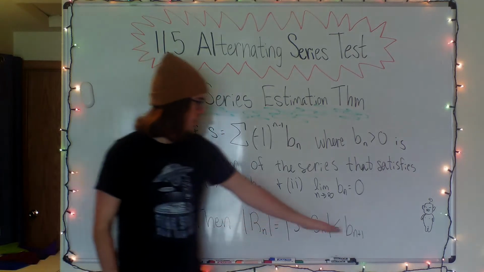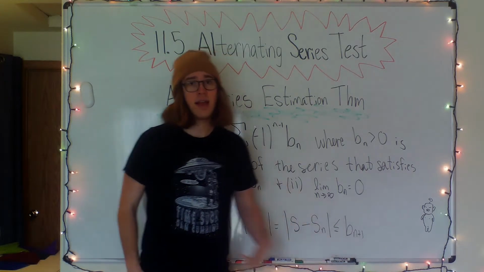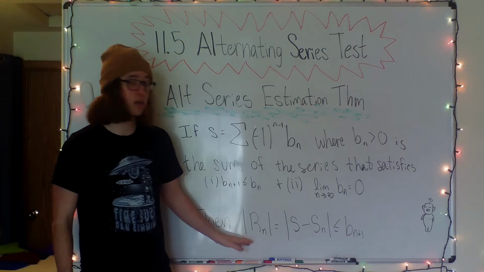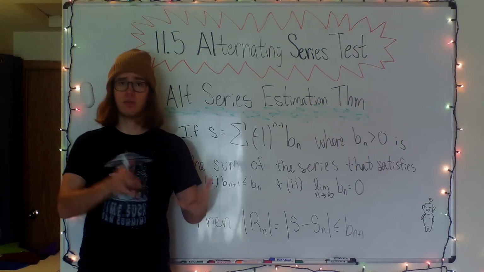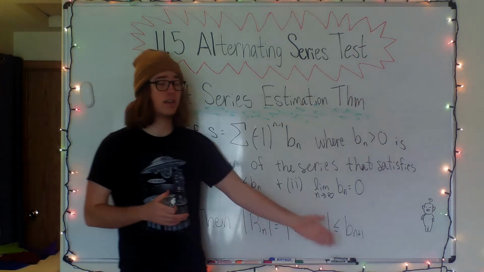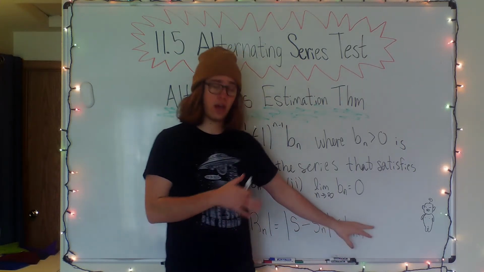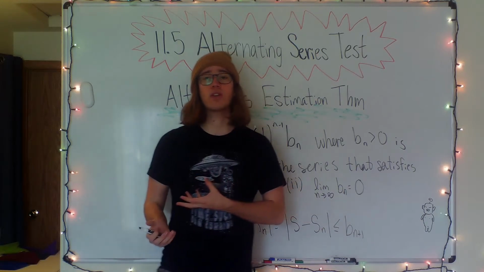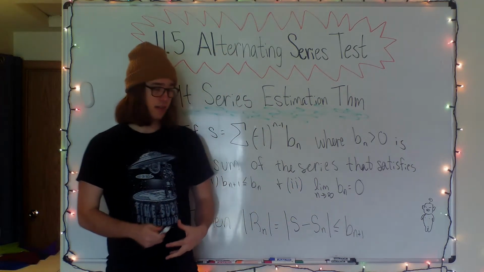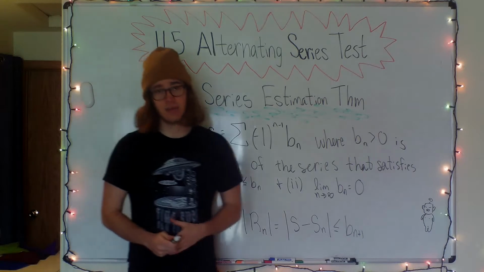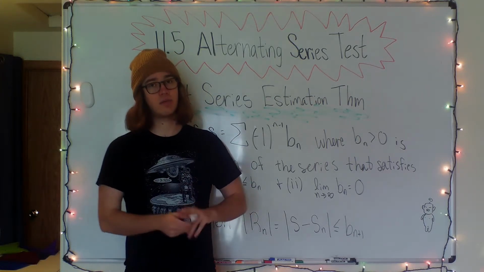So if you find this at 5 decimal places, then our remainder is going to be accurate to 4 decimal places, because S minus S sub n is equal to that remainder, which is less than this b sub n plus 1 term, which is at 5 decimal places. So we can say S sub n is accurate to 4 decimal places.